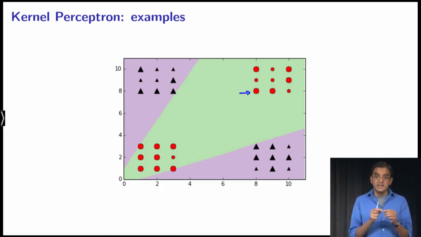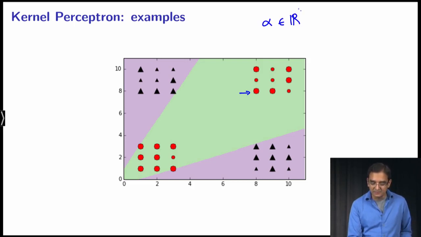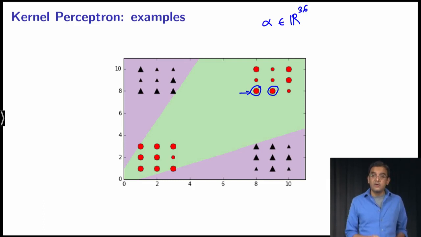The alpha vector has a coordinate for every single data point, and in this case there are 36 data points, so alpha is 36 dimensional. Some of those coordinates are 0, and the ones shown in bold are the coordinates corresponding to points on which there were updates, and those are the non-zero alpha sub i's.